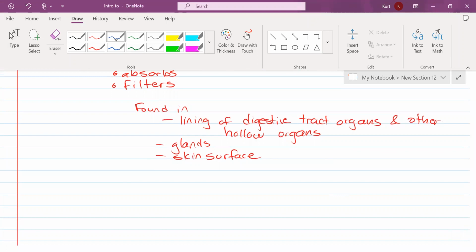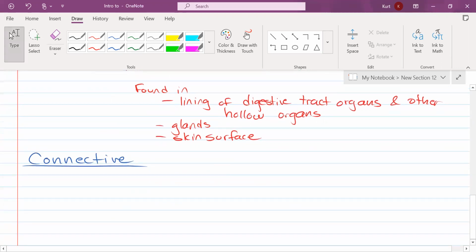Let's do connective tissue. Connective tissue supports, protects, and binds other tissues together.